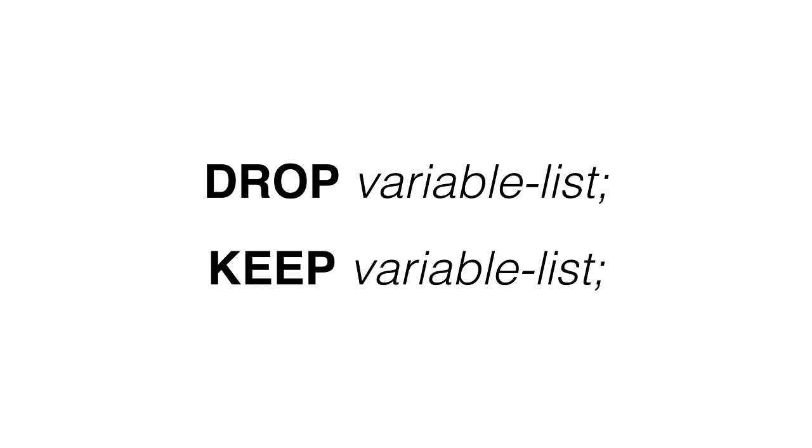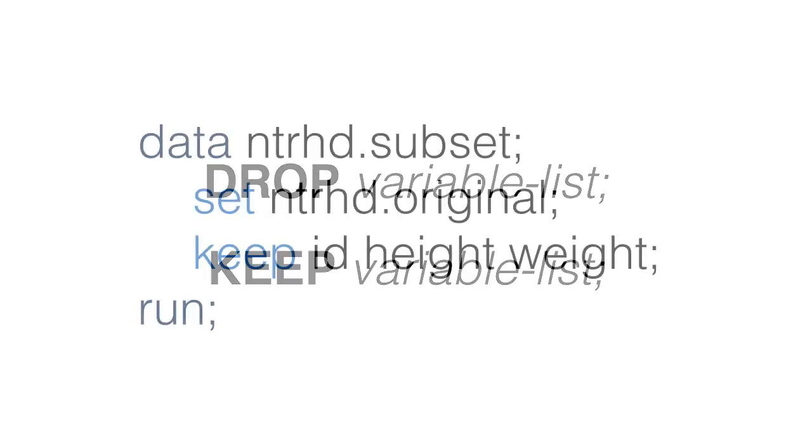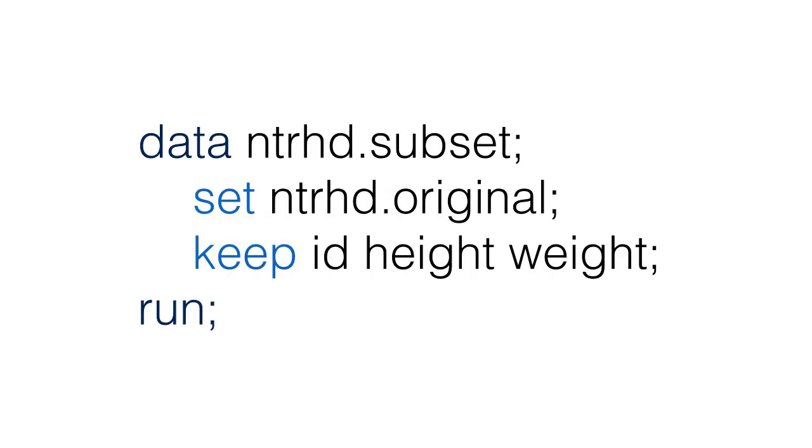You should not use a DROP and a KEEP statement in the same data step. Additionally, you may want to use the KEEP statement instead of the DROP statement if the number of variables you want to keep is significantly smaller than the number of variables you want to drop. Another benefit of using the KEEP statement is that you're able to see the variables included in the dataset just by looking at the data step. Here's an example of the KEEP statement in a data step.